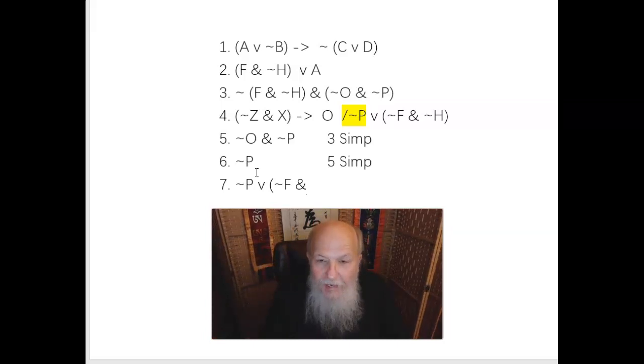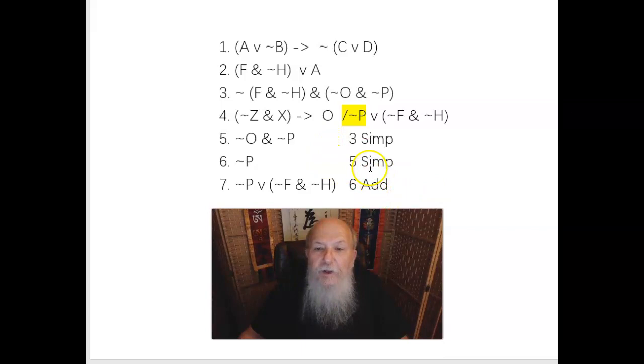So I can just add not F and not H because the truth value is preserved. And I got that from line 6 by addition. Then I want to neaten up the way my proof looks, because that's just the way I roll. And I've done it. I've gotten from these premises to that conclusion.